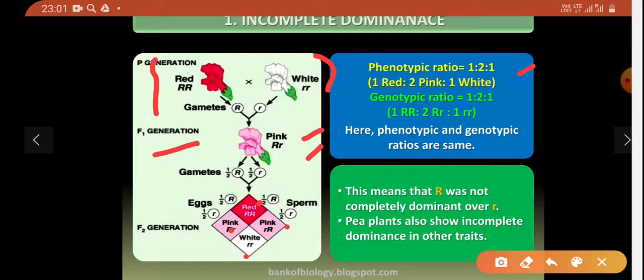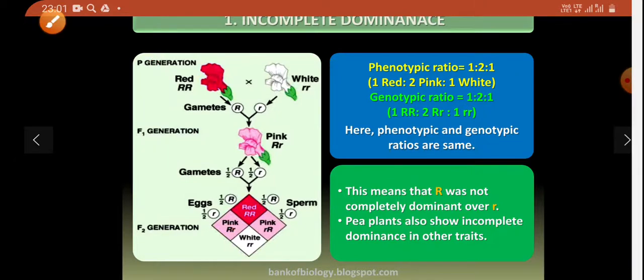This means that capital R, the dominant red color allele, was not completely dominant over small r, the white allele or gene. Pea plants also show incomplete dominance in other traits.